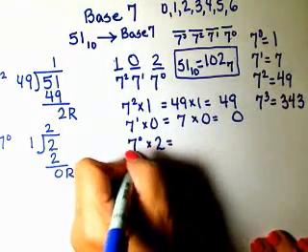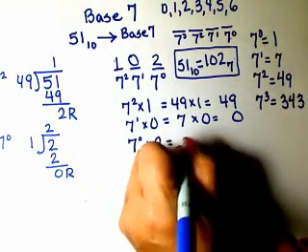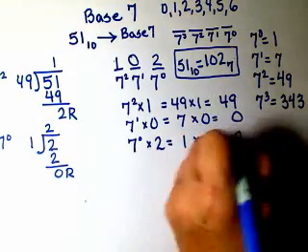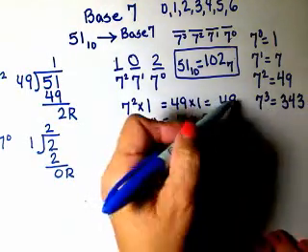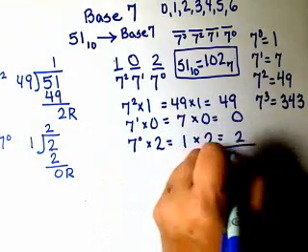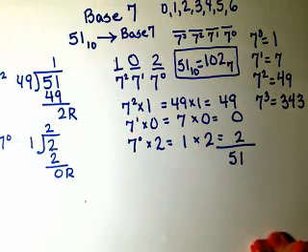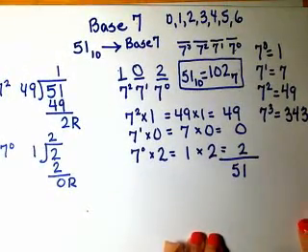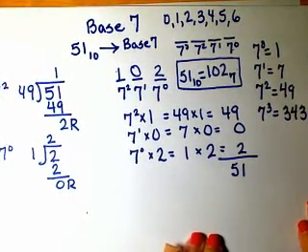And 7 to the 0 is 1 times 2, which is 2. Then I do the addition: 49 plus 0 plus 2 is 51. So I verified that 51 base 10 is equal to 102 base 7.